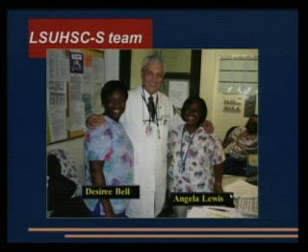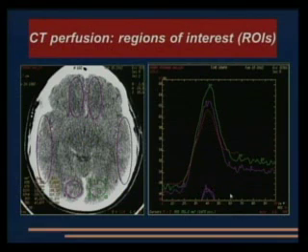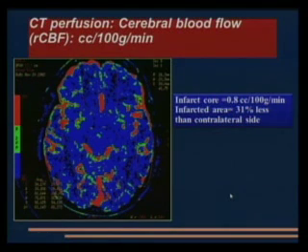We developed the CT perfusion here with Desiree and Angela. And this is how you do it. You select these regions. At this level, in the basal ganglia, you have anterior circulation, you have the MCA, and you have the PCA. And you will get the curves.